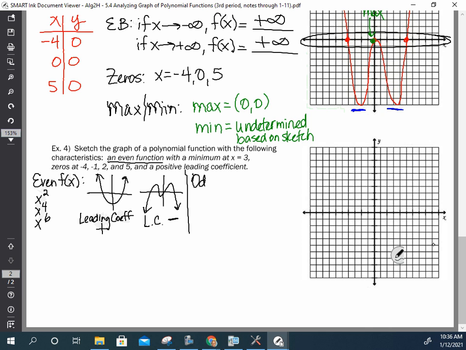An odd function would be something in which, so this is an example of an odd function, and that's an example of an odd function. One part's pointing up, one part's pointing down. Again, the leading coefficient would tell you which one you're using. If the leading coefficient is positive, that's the way it would look. If the leading coefficient is negative, that's how it would look.